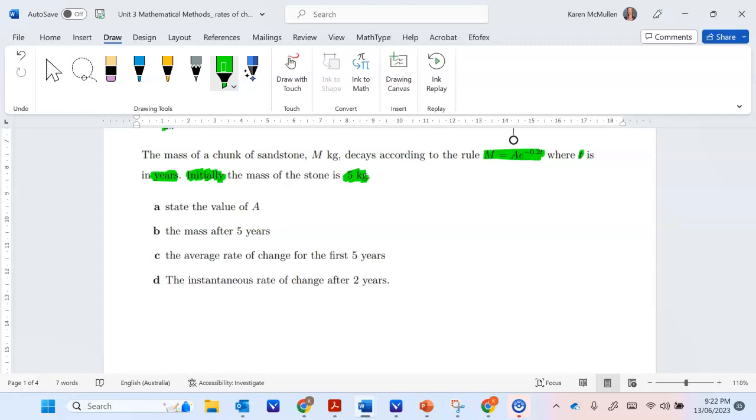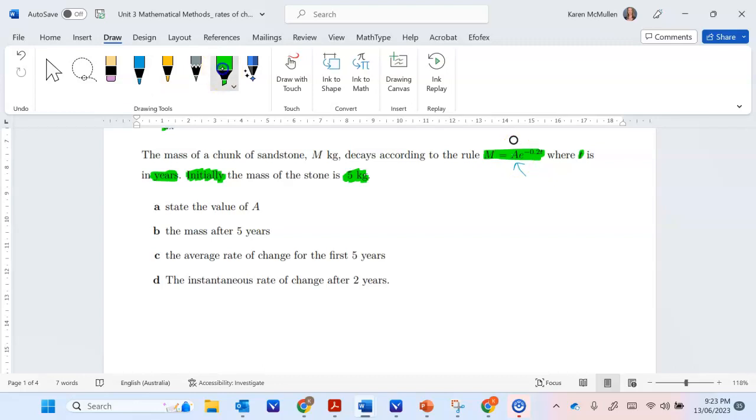Now, when I looked at this equation, what stood out for me was this A. I knew that at some point I'm going to have to find that value of A. Okay, so we need to substitute in some values. We've got one unknown, the A, so we need one bit of information.